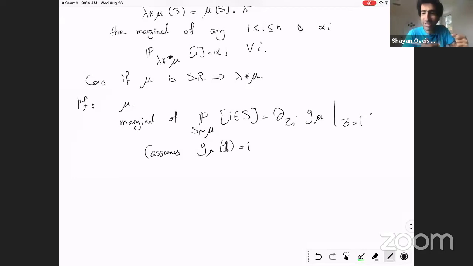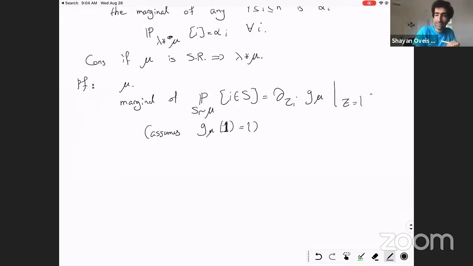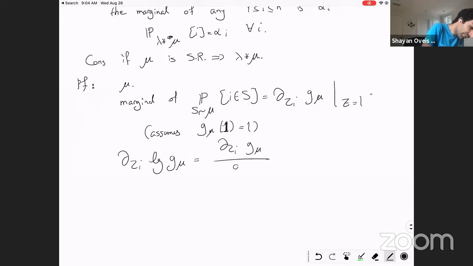In general, we would like definitions which are invariant under renormalization. So how can we change it into a definition which is invariant under renormalization? We can look at the derivative of the log. That's the idea. So look at partial Zi of log of G mu. This is equal to partial Zi of G mu over G mu. And now you evaluate it at all 1s.